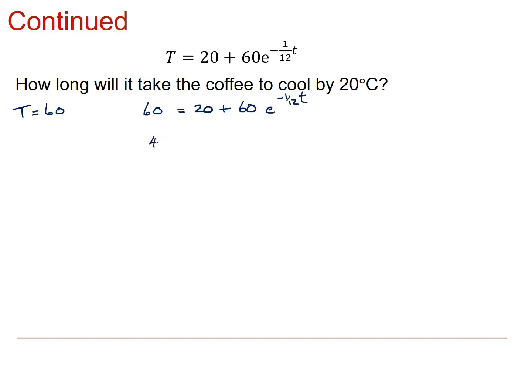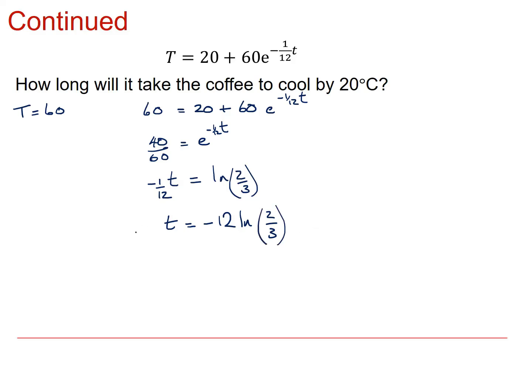So 40 over 60 is equal to e to the minus 1/12 t. So taking logs of both sides, I'm going to get minus 1/12 t is equal to the log of 2/3. So t is equal to minus 12 log of 2/3.